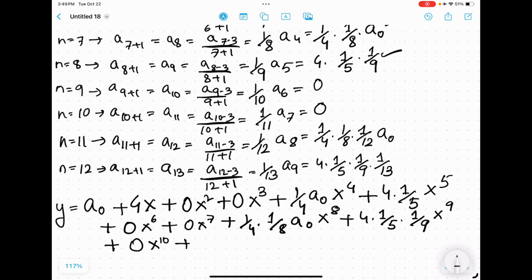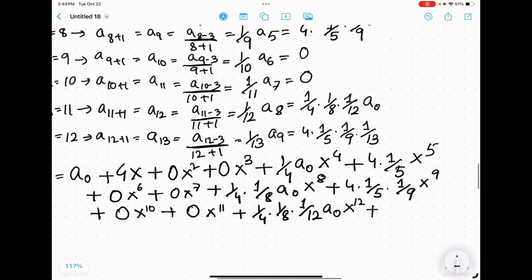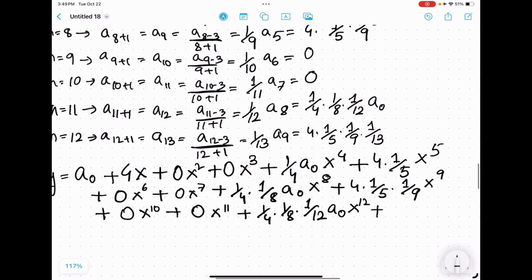Then I have a sub 11, which is also a 0, x to the power 11. Plus, then I have my a sub 12, which is 1 by 4 times 1 by 8 times 1 by 12 times a sub 0, x to the power 12. And then plus I have my a sub 13, which is 4 times 1 by 5 times 1 by 9 times 1 by 13, x to the power 13, and so on.